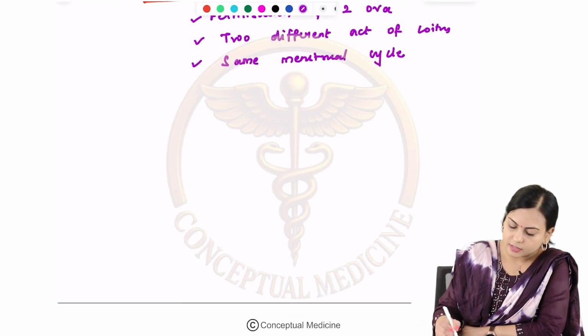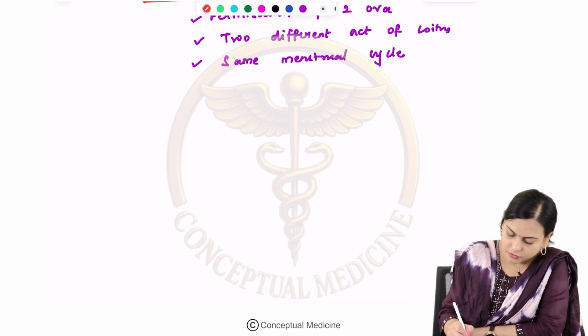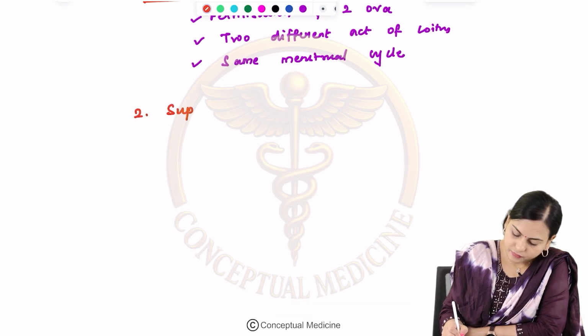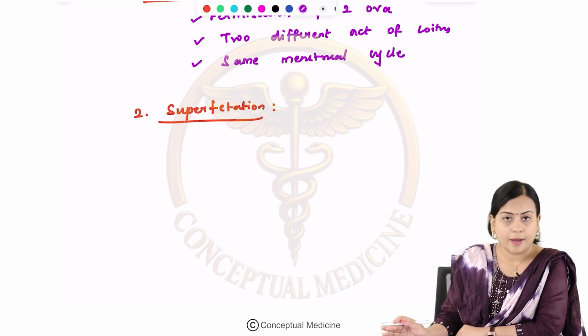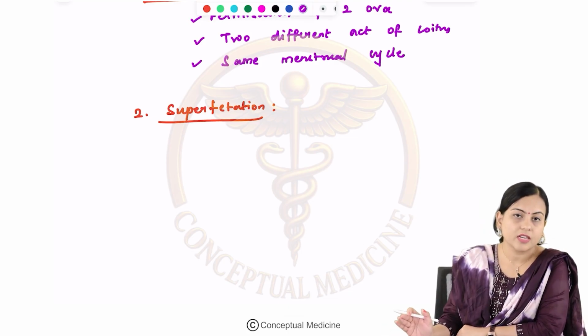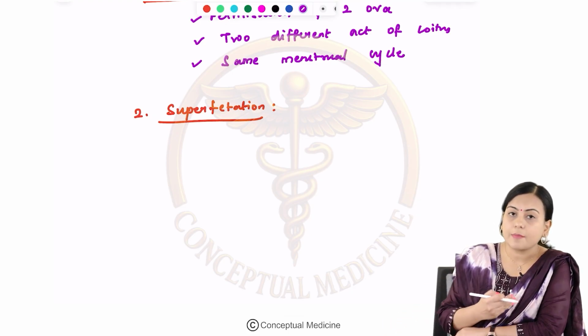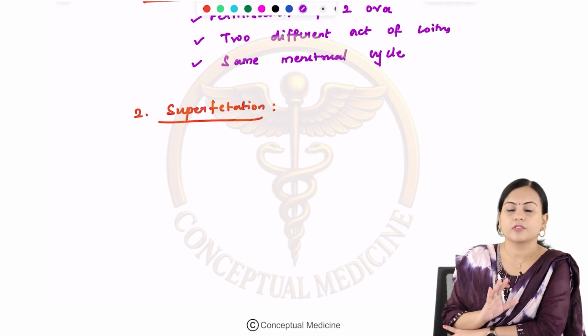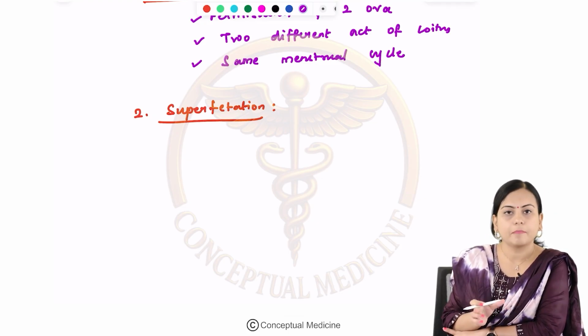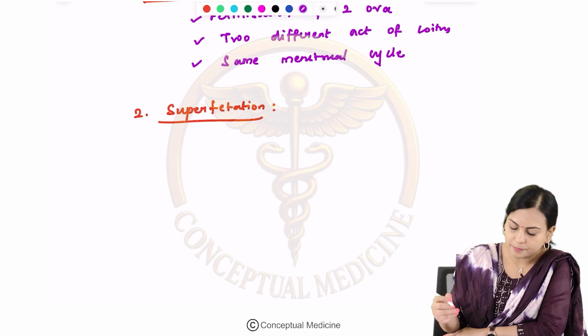And the next one is superfetation. Now, in superfetation, what happens means there is ovulation and fertilization that is happening during an established course of pregnancy. And if you see, there will be a long gap between these 2 fertilizations. Okay.